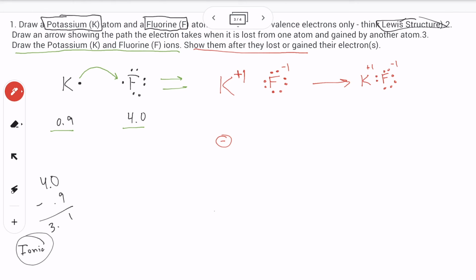Okay? So here we have originally neutral atoms. We show that they lost or gained their electron, where it went. We have, after that happening, what happens with the charges. This is +1, this is -1. And then we have they're attracted to each other because opposites are attracted. There you go.